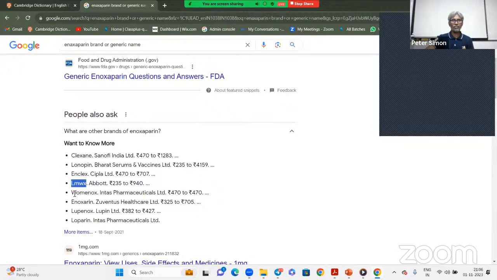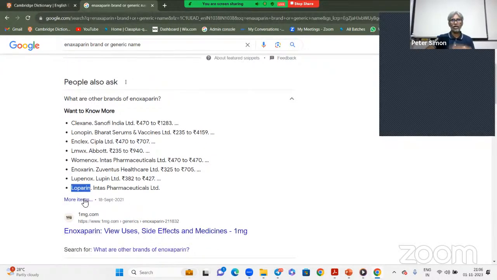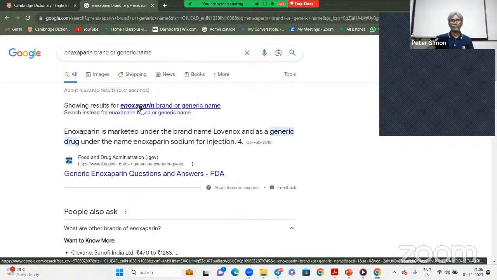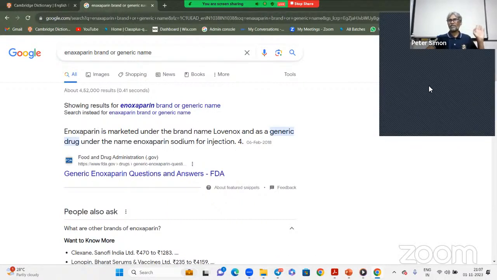LMWX, Womanox, Lupinox, Loparin are brand names, and there are more items also. But enoxaparin is a generic name. Don't ask me many other things. I am a novice in this regard.